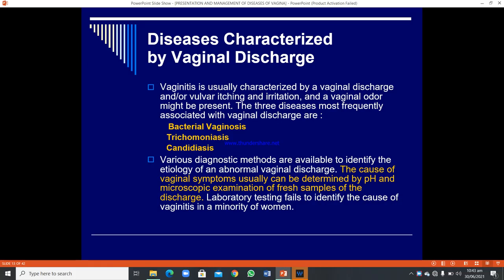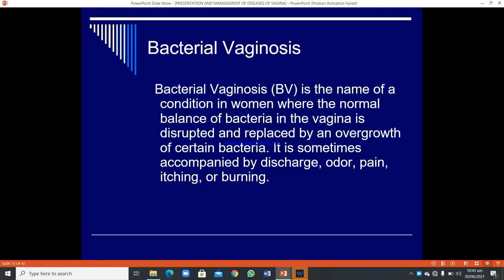Various diagnostic methods are available to identify the etiology of an abnormal vaginal discharge. The cause of vaginal symptoms usually can be determined by pH and microscopic examination of fresh samples of the discharge. Laboratory testing fails to identify the cause of vaginitis in a minority of women.